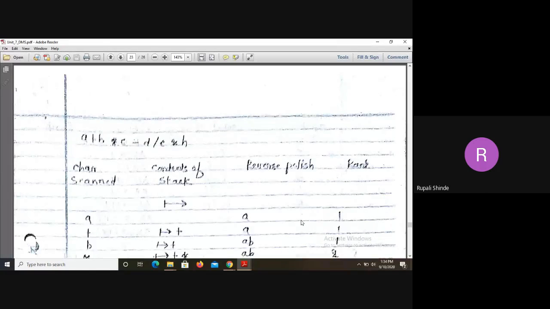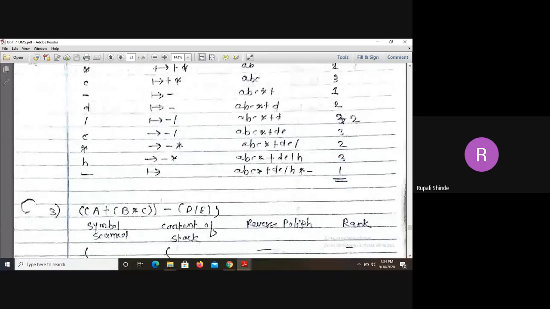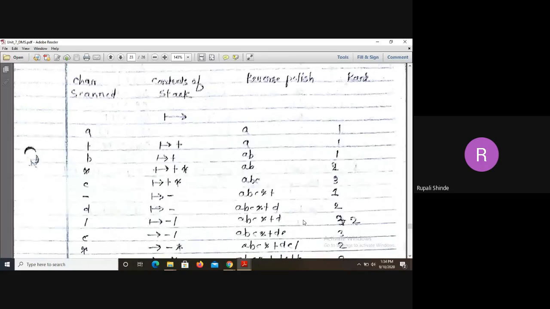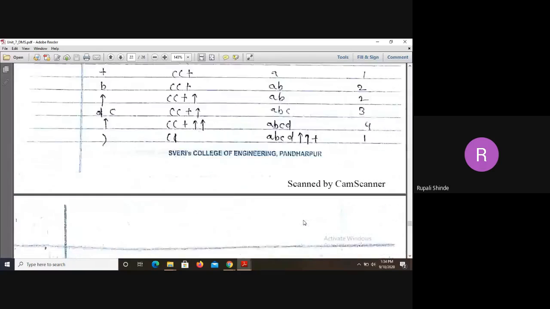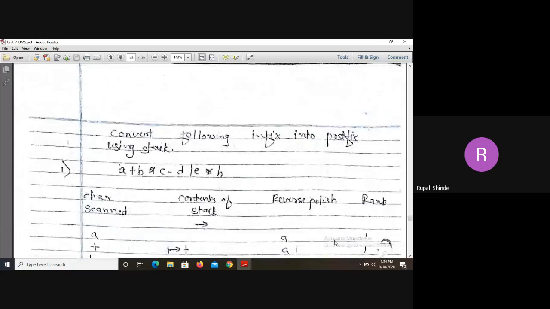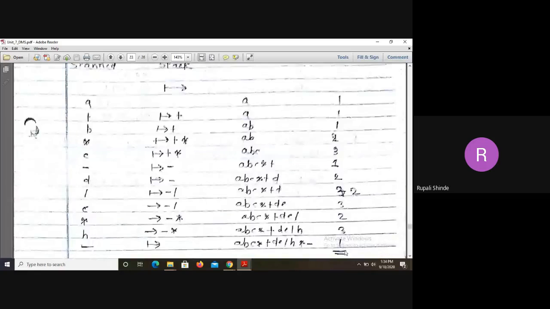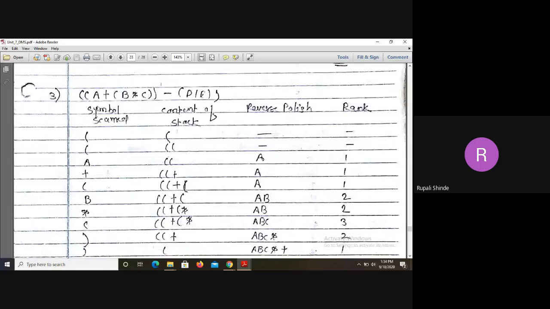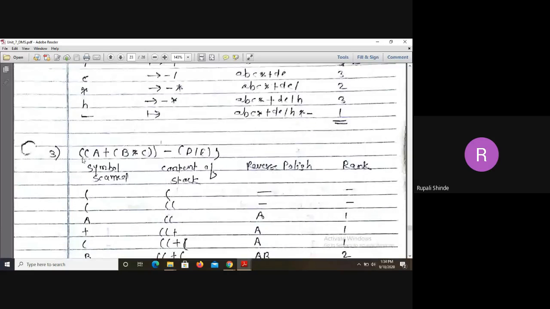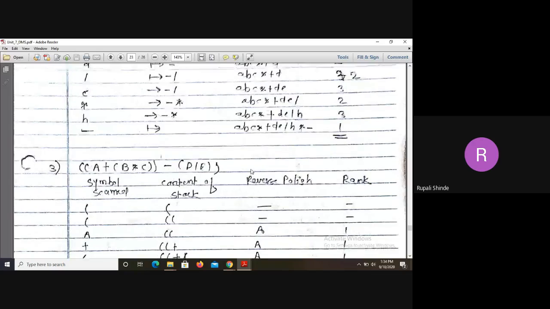Okay. Now take down this example. This one. Take 10 minutes and try to solve this example. You have to convert this given infix into postfix form.